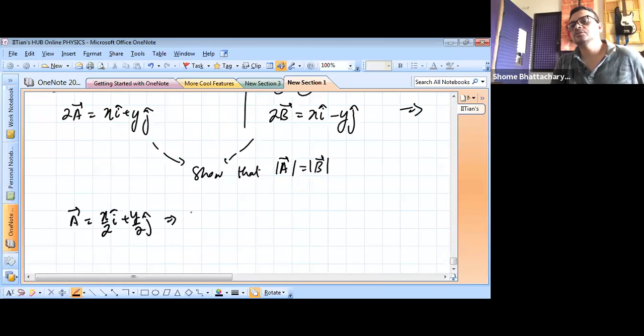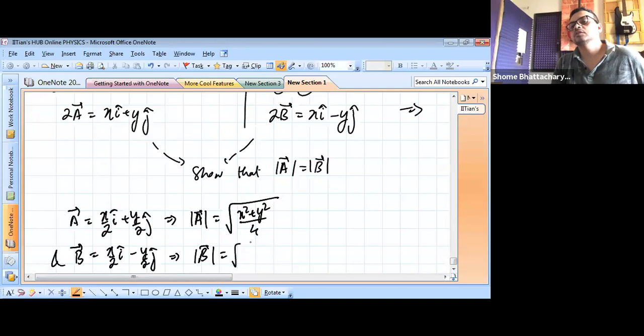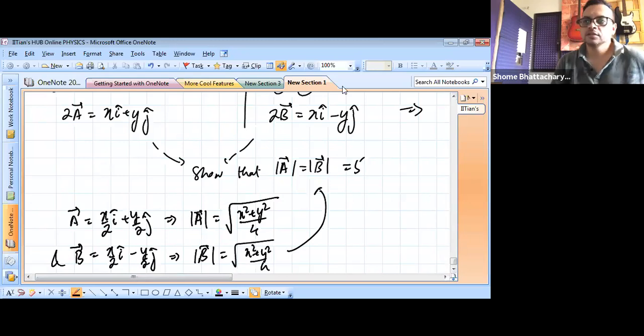So it has a magnitude of root of (x square plus y square) by 4. Okay. And vector B is x by 2 i cap minus y by 2 j cap. So though it's a different vector, it still has the same magnitude. So that shows this, and that is equal to 5 because mod A was given to us as 5. So that's the second method.